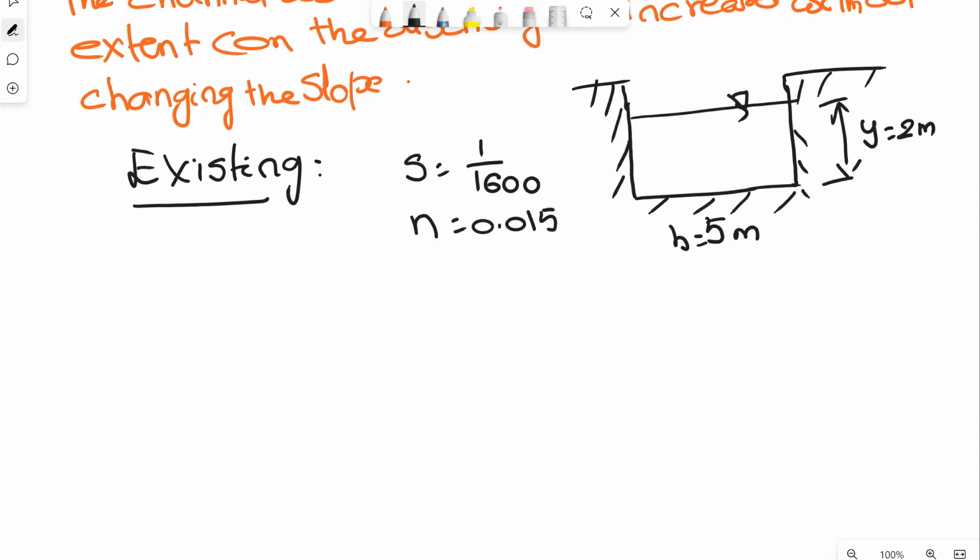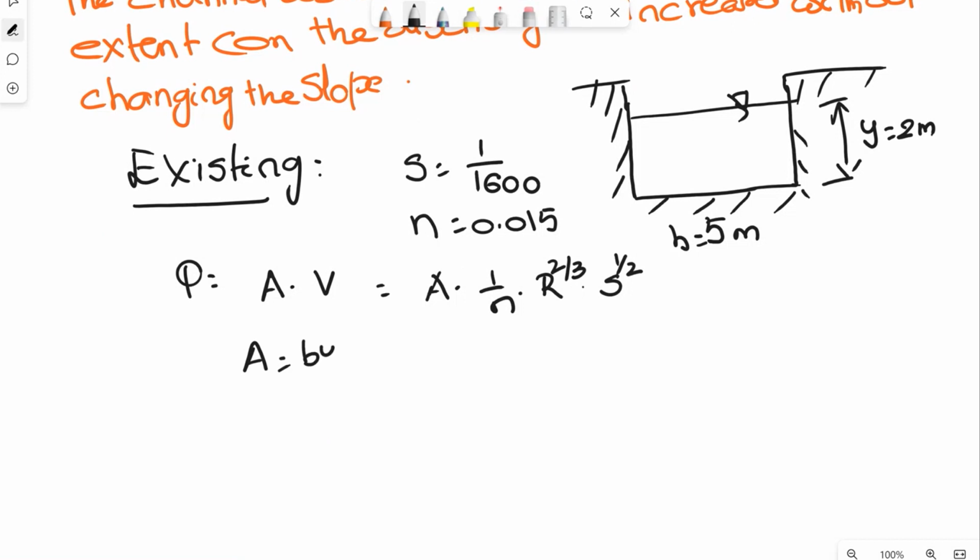What is our formula for the existing discharge? Q is equal to A into V. It is nothing but A into, because n is given, R to the power of 2 by 3, S to the power of half. What is area? Area is generally B into y, which is 5 into 2, so 10 meters square.